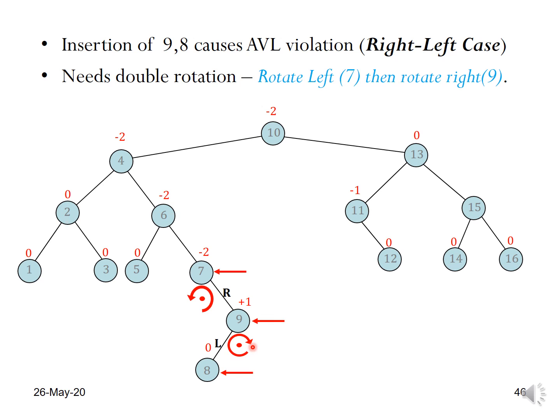We can see that the balance factor of this 1, 3, 5, 8, 12, 14, 16 will be 0 because they are the leaf nodes.